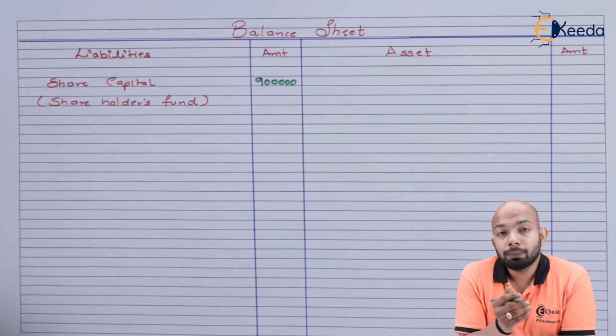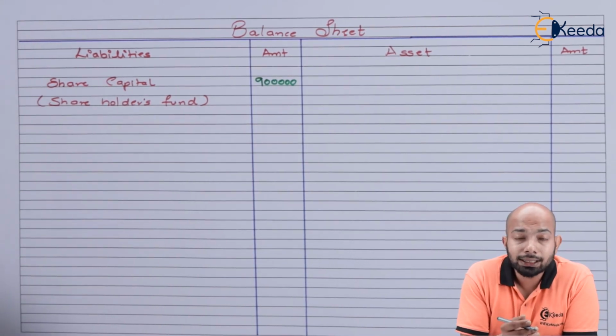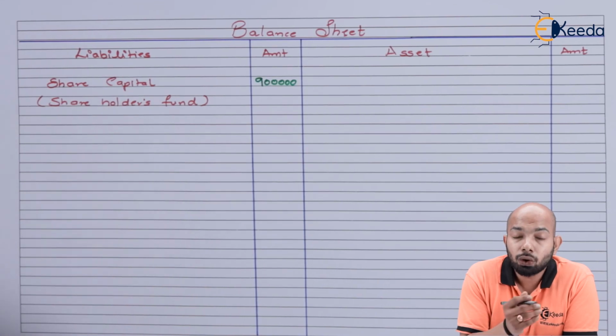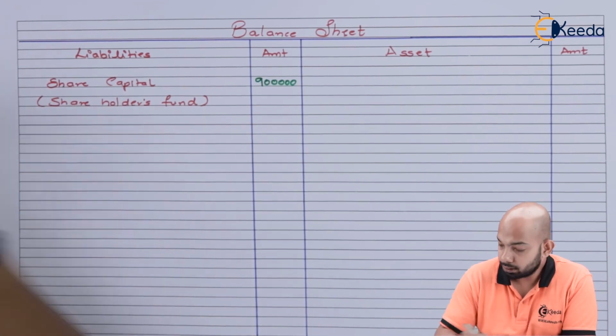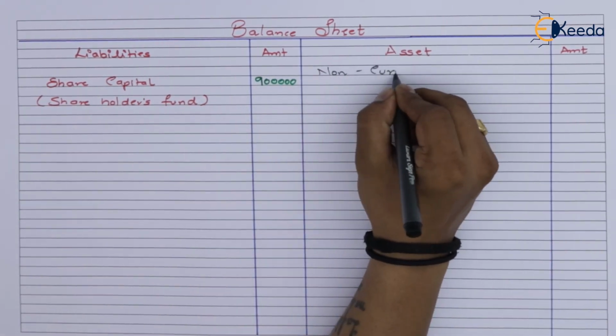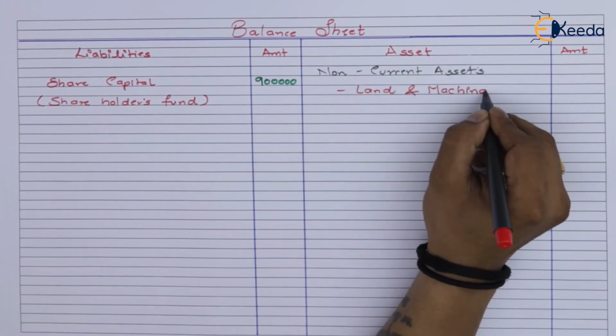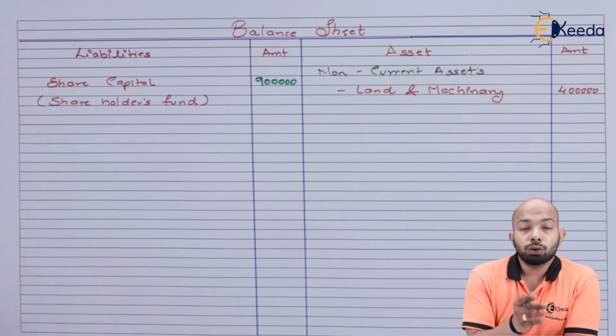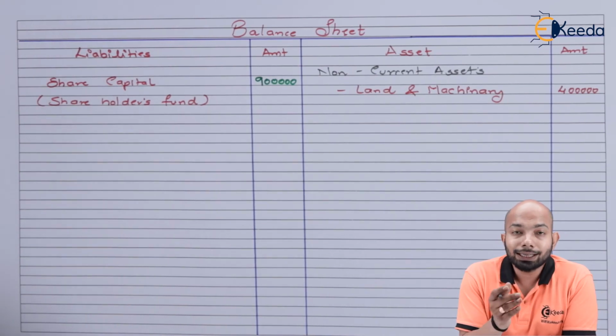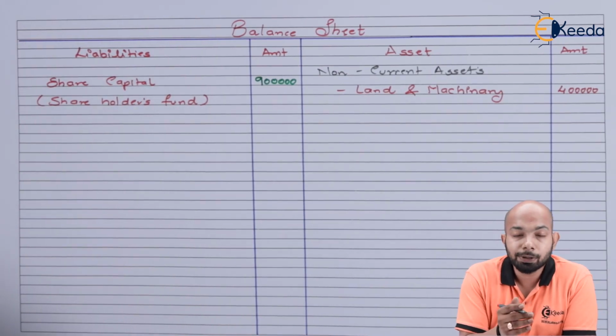Now, the next part will be assets. Under assets, we have tangible, that is non-current assets, and current assets. Under non-current assets, we have land and machinery, 4 lakh rupees has been mentioned.